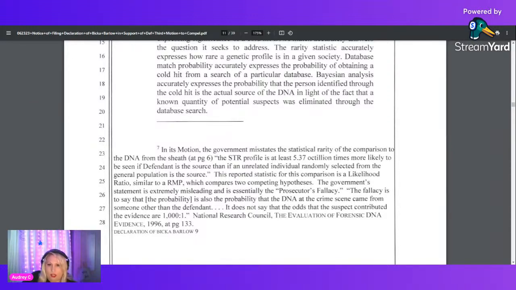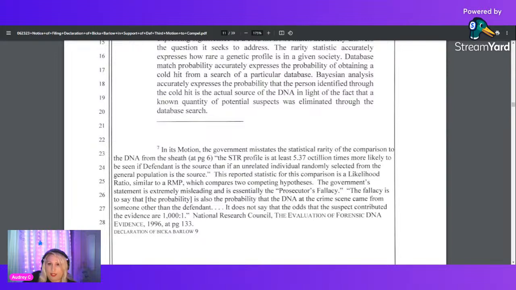And so she says here, these two things, the likelihood ratio and the RMP, the random match probability, compare two competing hypotheses. The government statement is extremely misleading and is essentially the prosecutor's fallacy. The fallacy is to say that the probability is also the probability that the DNA at the crime scene came from someone other than the defendant.